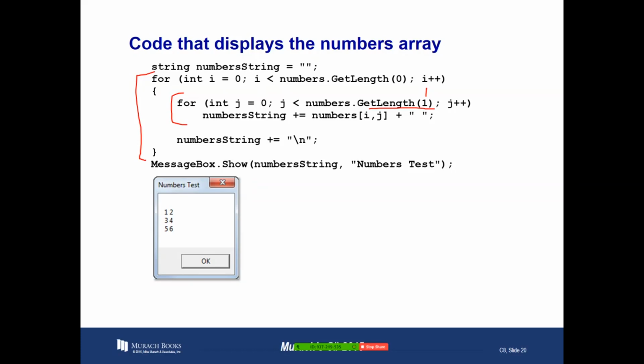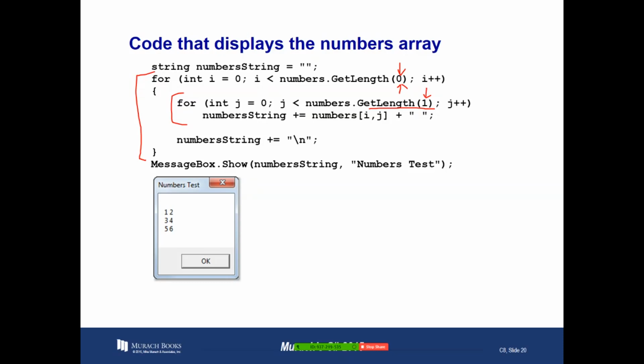That's the 1 here, specifying columns. And if you wanted to, you could create constants: a constant called rows equal to 0, and a constant called columns equal to 1. That way inside here you could get the length of the rows and the columns.